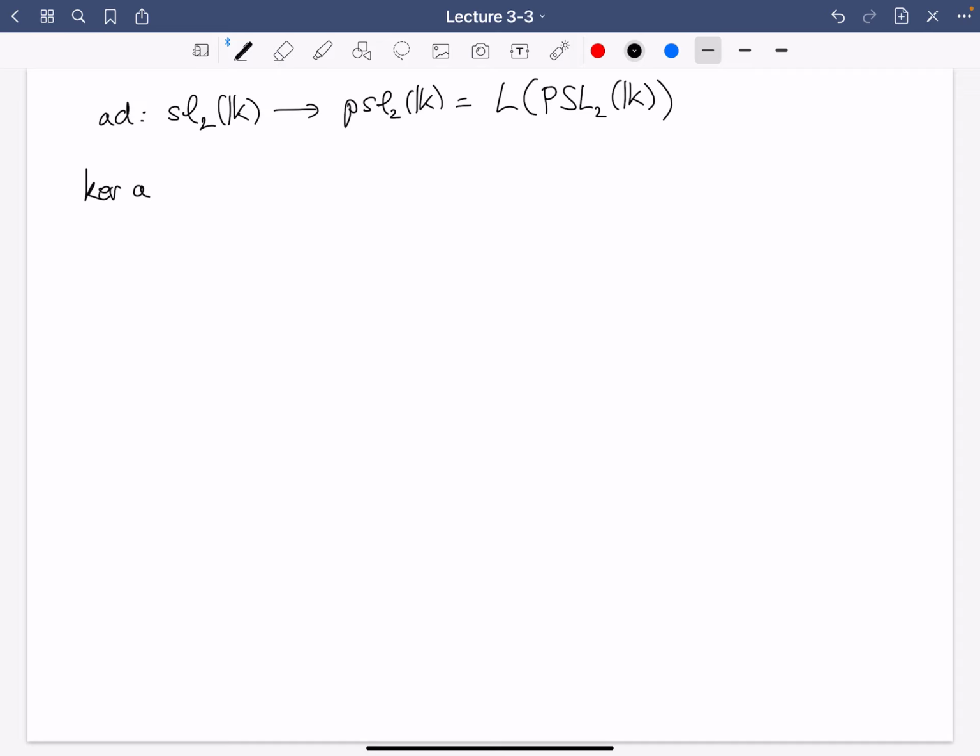And it's rather easy to see what the kernel of a add is. It's just 0 when P is not 2. So actually a add in that case is an isomorphism.